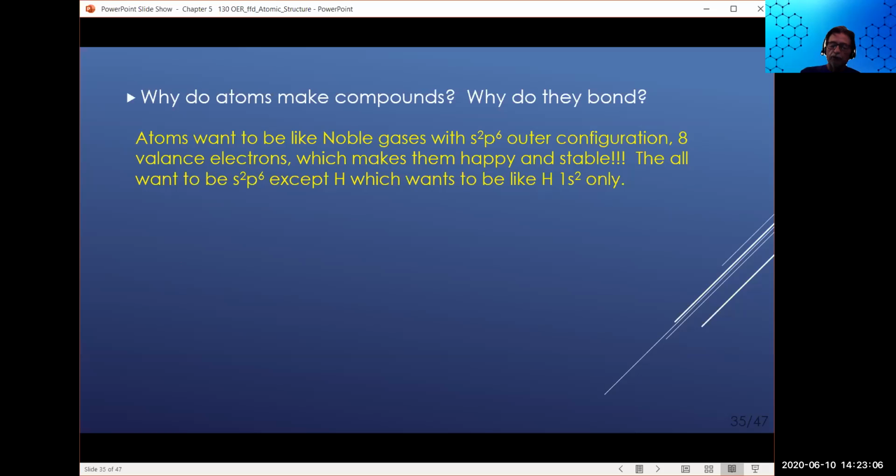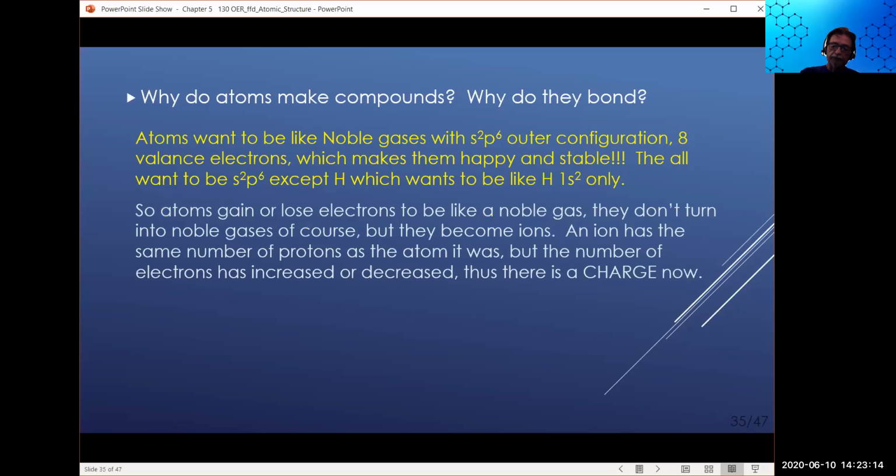The ultimate goal is to have their outermost shell full with 8 electrons. They're trying to obtain what's called the octet rule to obtain the 8. Helium is the only exception. It's a duet rule for helium.